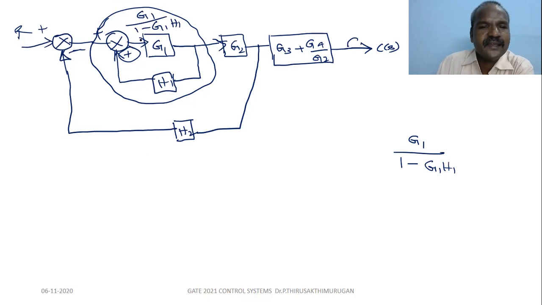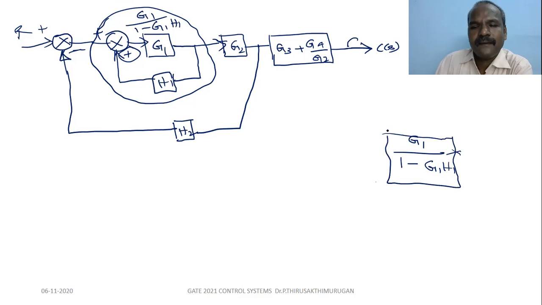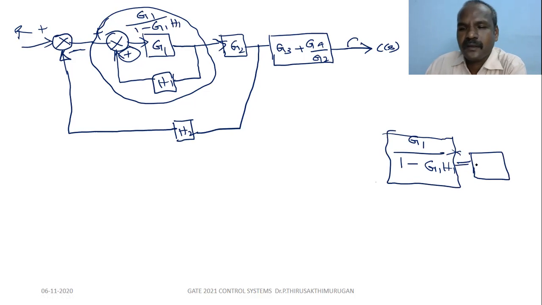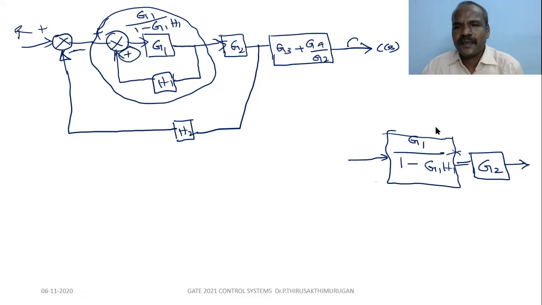So after this, this block and G2 are in series. So again, you can multiply this block and the G2 block. G2 are cascaded. Cascaded means series. So multiply these two values, right?